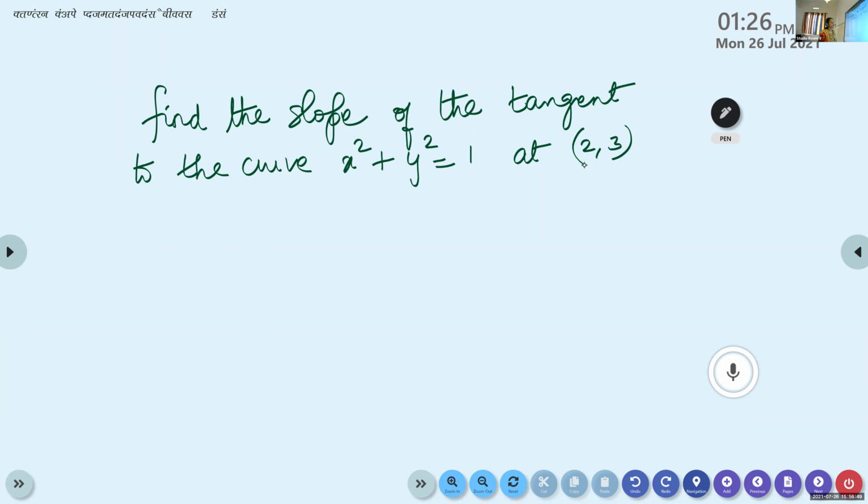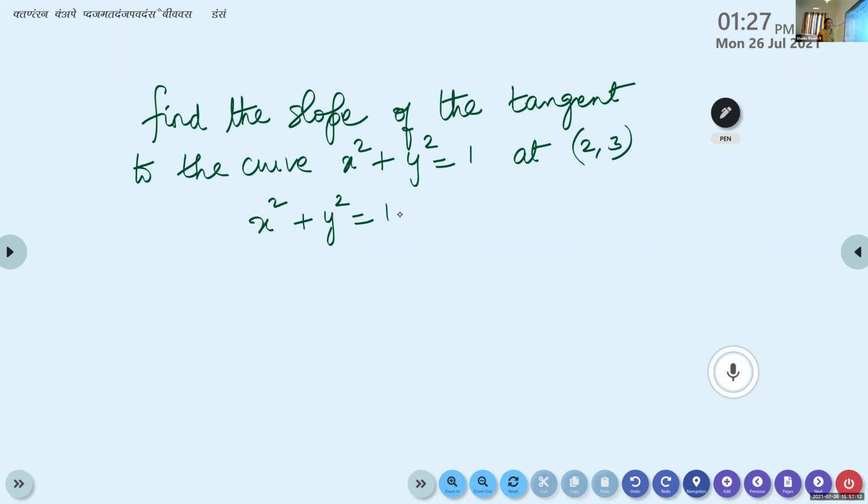Slope means what you have to find, Emmanuel? Slope means we have to find dy by dx. So x square plus y square is equal to 1. Let's differentiate this.